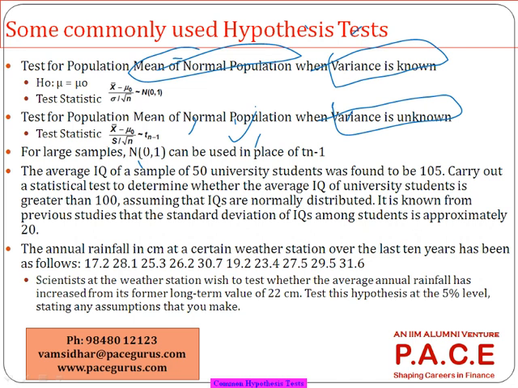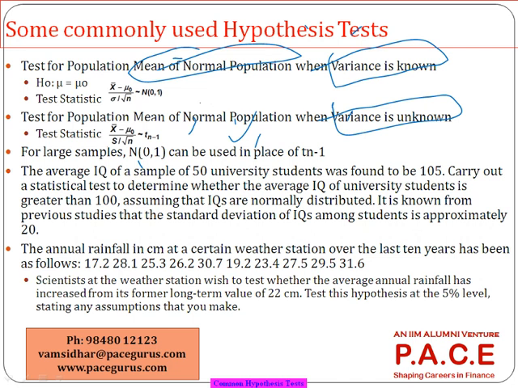If I know the variance, I'll use the first mechanism. If I don't know the variance, I'll go ahead with the second mechanism. But overall, the test is about testing for the mean of a population by doing some kind of test on the sample data.